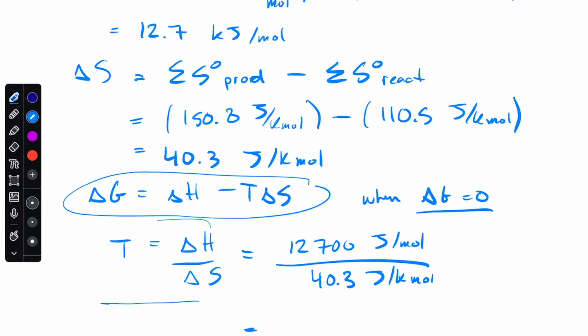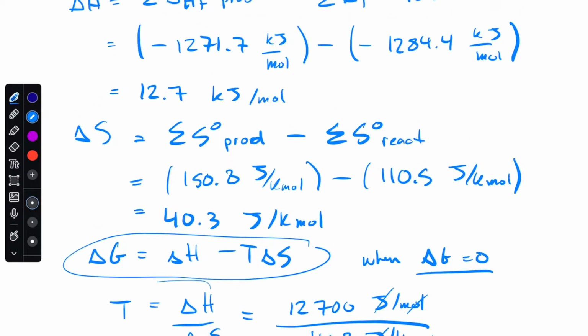And if you do that, you should get the number 315 Kelvin. Joules cancel and the moles cancel, and 1 over K is K. And that's where we get our temperature, where that phase change will be at equilibrium. So that'll be the normal boiling point, or melting point.